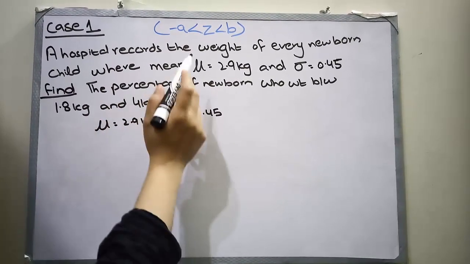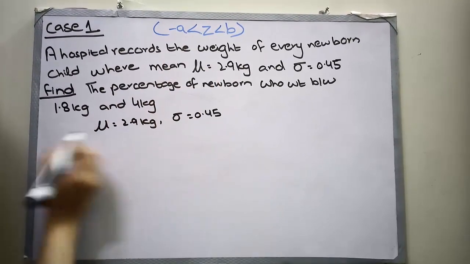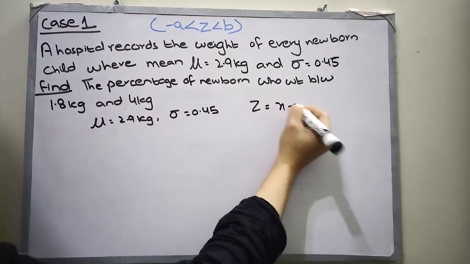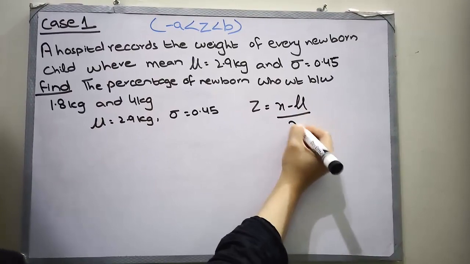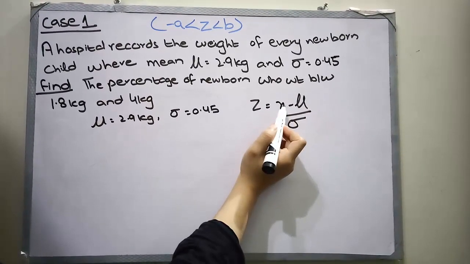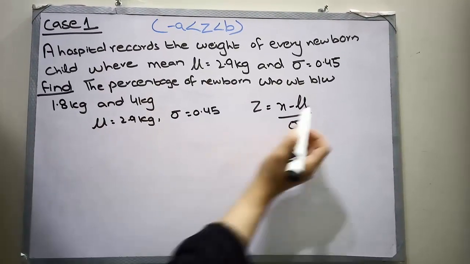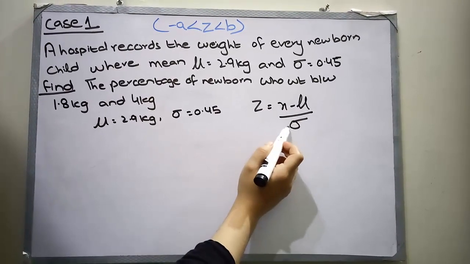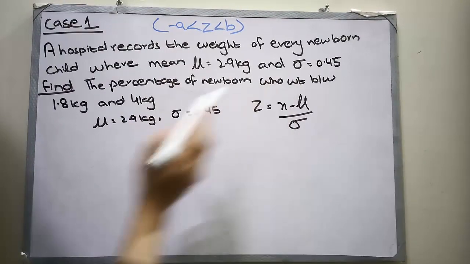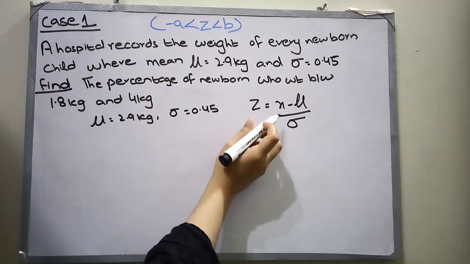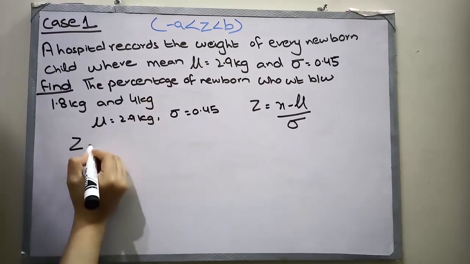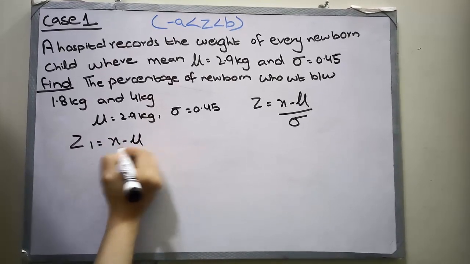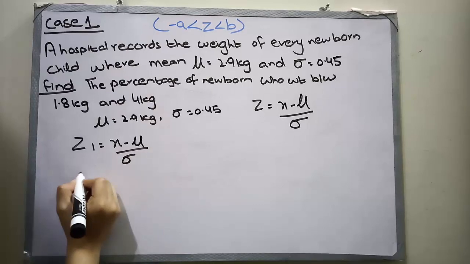So we will find two values of z. First of all we will use the formula z equals x minus mu divided by sigma. The x is this value, the mean is the value given in the scenario, and the standard deviation is also given in this scenario. So first of all we will find z1. Z1 equals x minus mu divided by standard deviation.